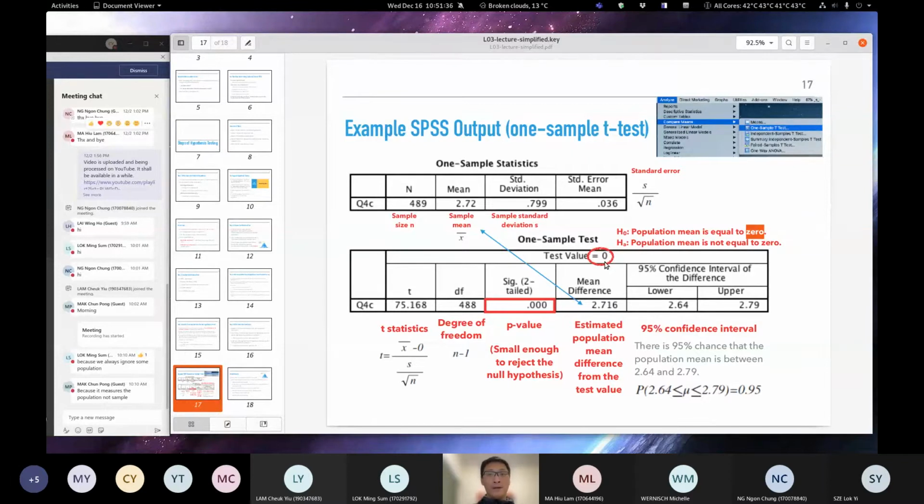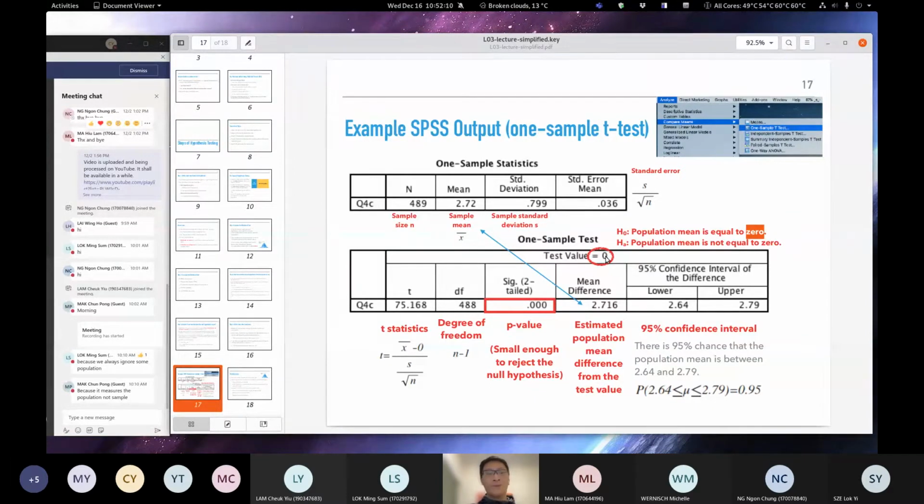So it is very important that when you do the t-test, you always check the test value here to make sure that you are doing the correct thing. If you want to test for the number 10, but you put a 0 here, then you are not testing what you want to test. Okay, very important here. Now, one thing I do not like about SPSS is that when you do the one sample t-test, the default test value is 0.